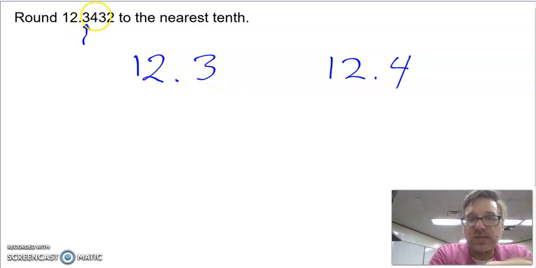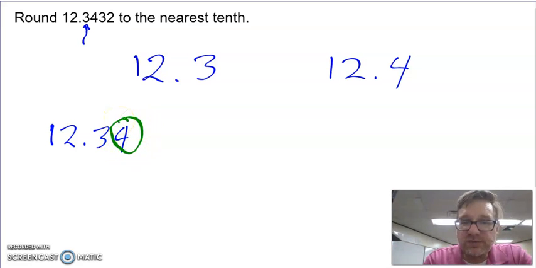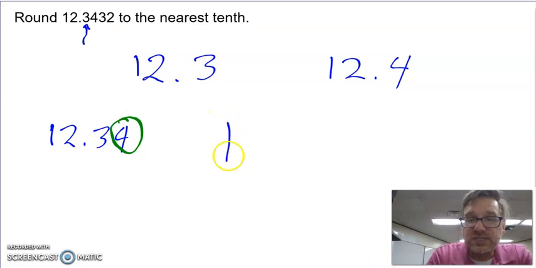Right here, we look at the number on the right, the 4. So we're going to take 12.34. Is the 4 big enough to make the 3 go up to a 4, or does it stay a 3? And to go up, it has to be a 5, 6, 7, 8, or 9. Well, it's a 4. So when I round it, the 3 stays a 3. It does not go up.